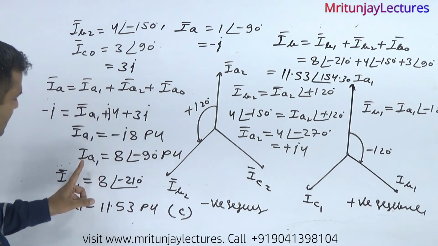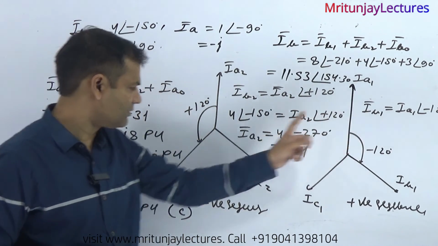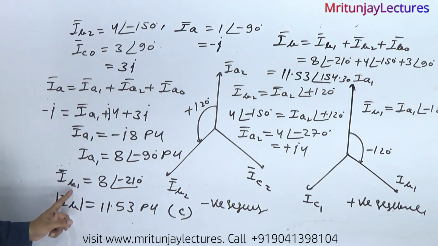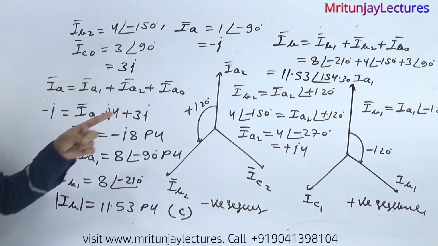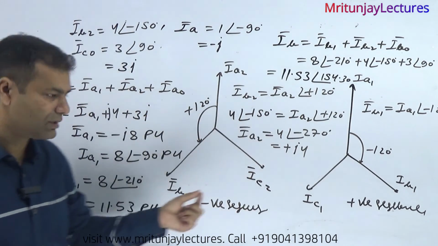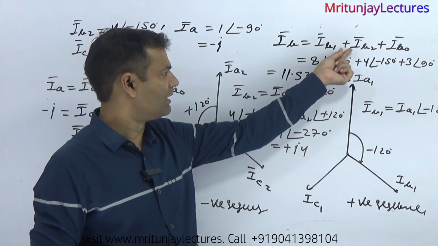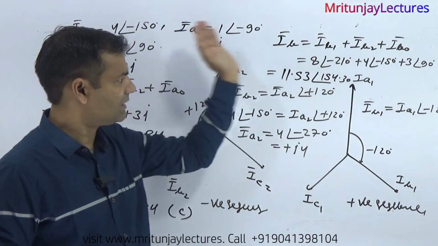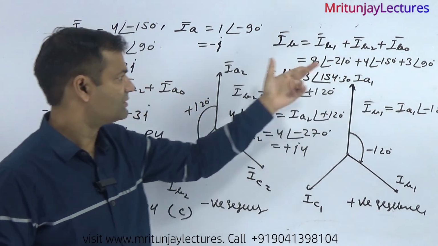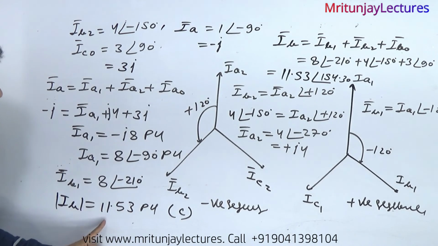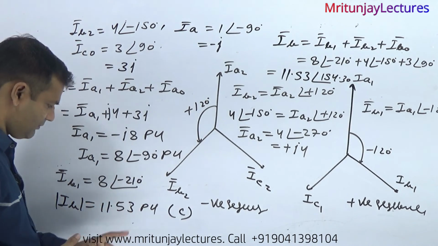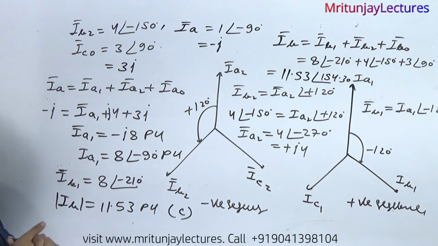With the help of this formula we get IB1. Put IA1 in this equation to get IB1, and IB2 and IB0 are already given. Solving with the calculator, we got 11.53 pu as the magnitude of IB.